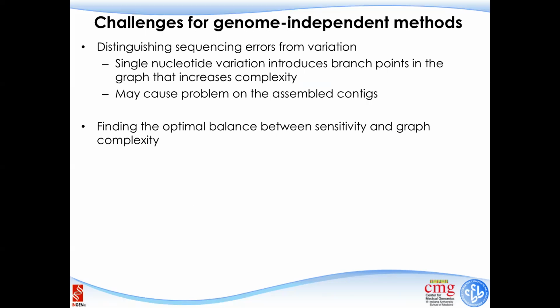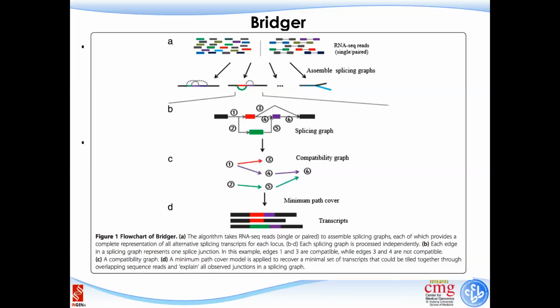So we really need to find the optimal balance between sensitivity and graph complexity. I think this example is like one extreme case: one direction is to get the optimal, minimal path cover, and the other direction is to do the exhaustive search.